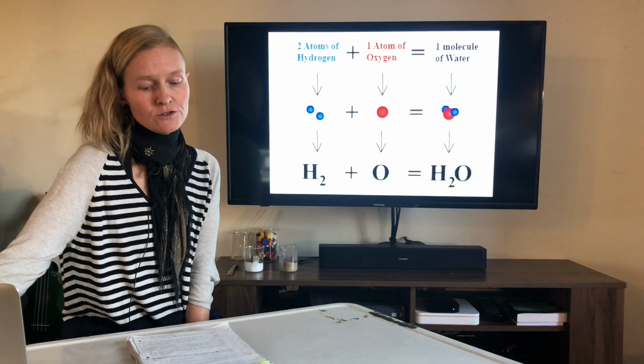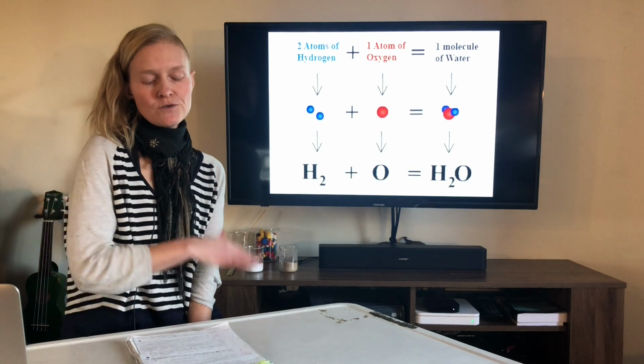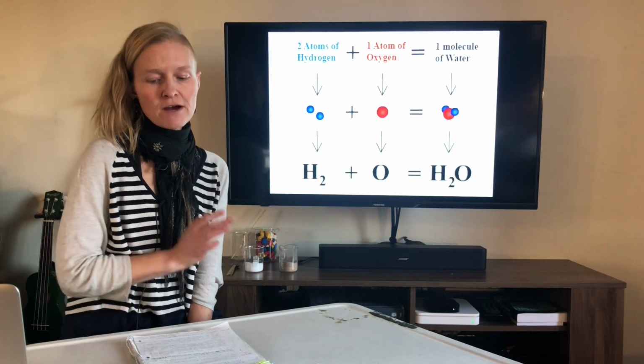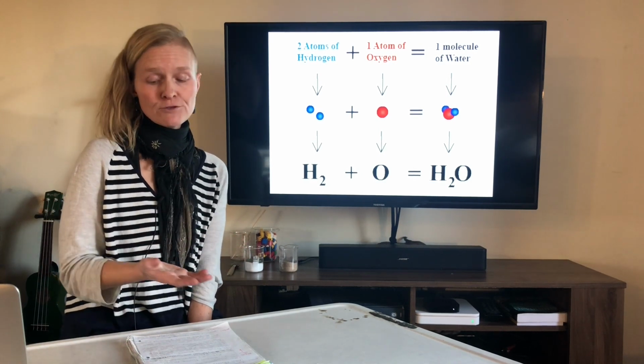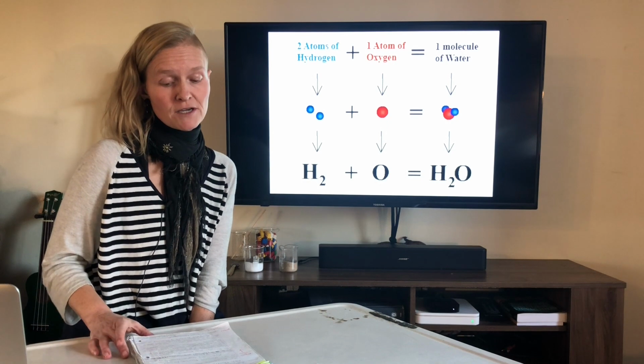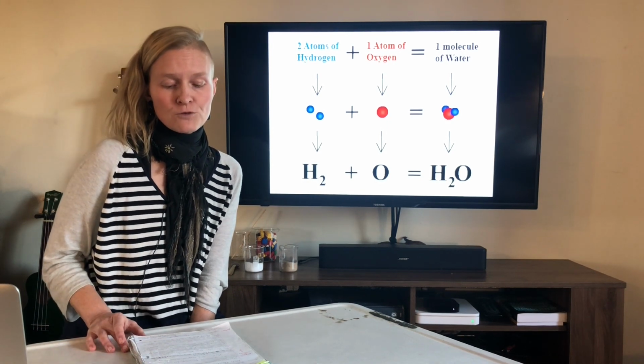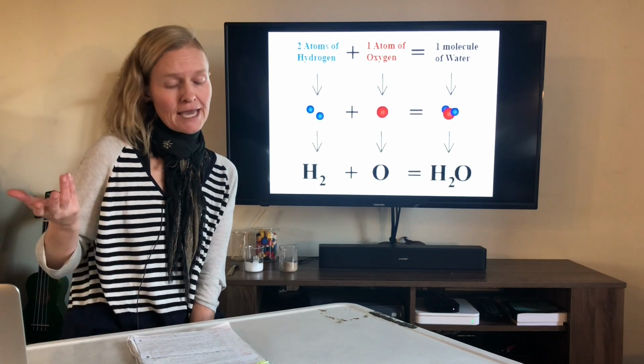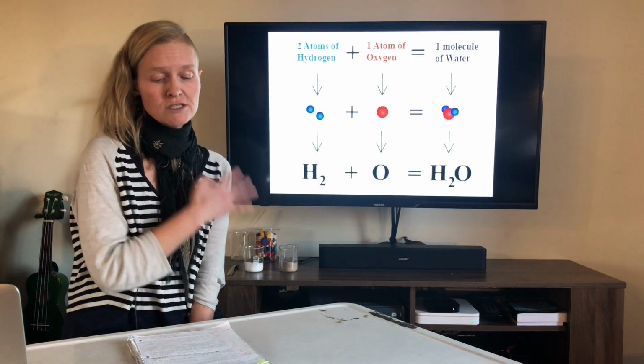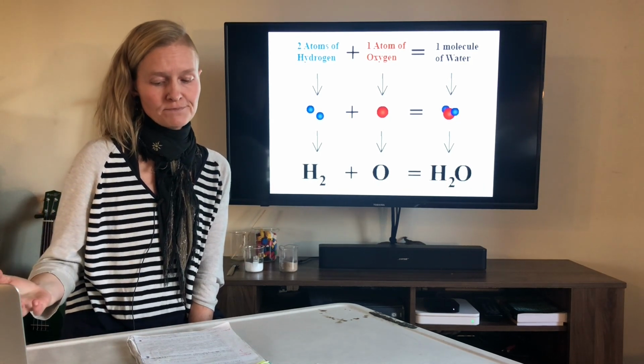So table salt, we have, again, sodium chloride, and we are very familiar with several of these formulas already because we've already talked about them. The formula H2O, again, means that there's 2 hydrogens and 1 oxygen atom.